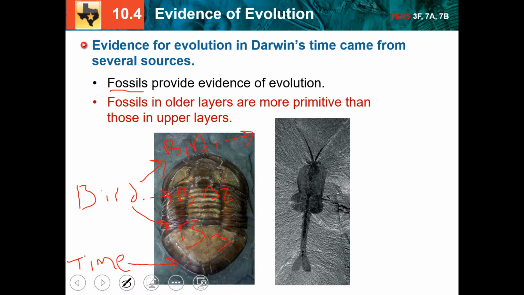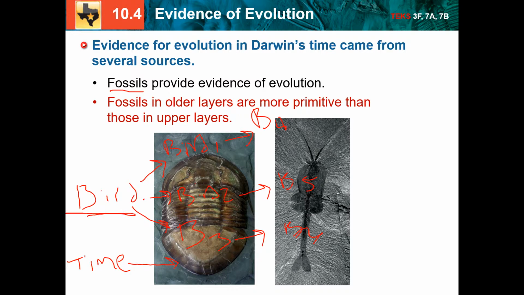This one goes into B4. Maybe this one goes to B5 and B6. The point is that as time goes on, this one bird can evolve into different types of birds that all share a common ancestor.